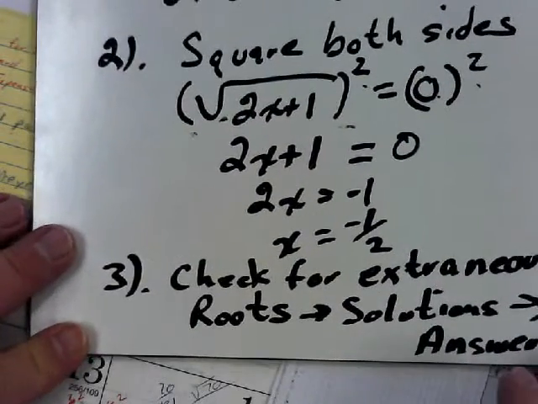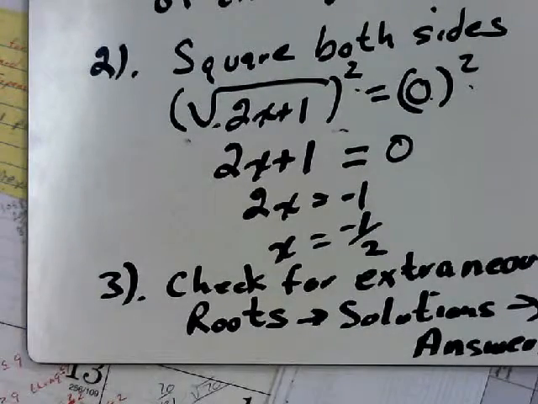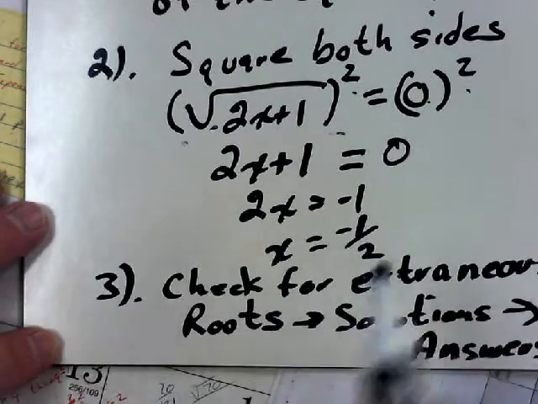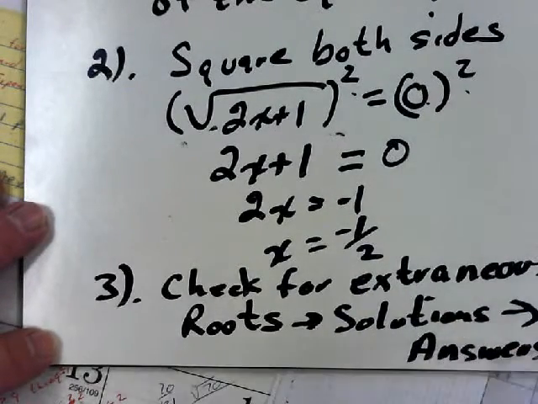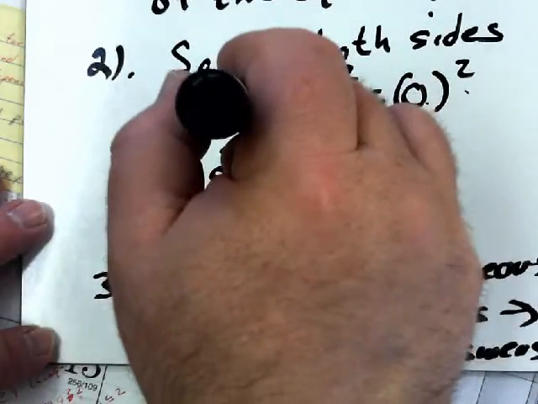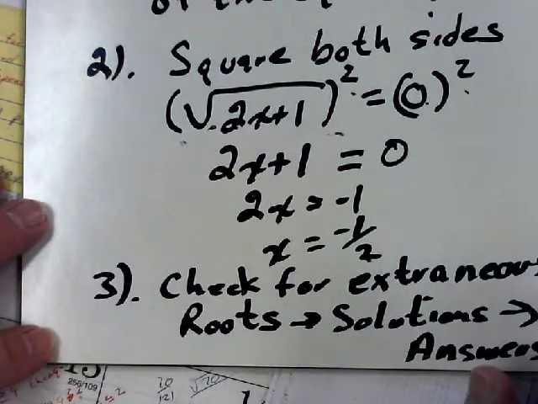Extraneous means something that doesn't work. So when I get down to here where I have x equals a negative 1/2, what I need to do is take that particular value and put it back into the original problem.